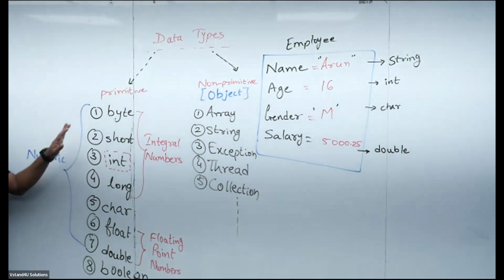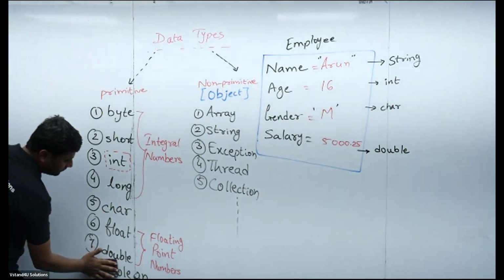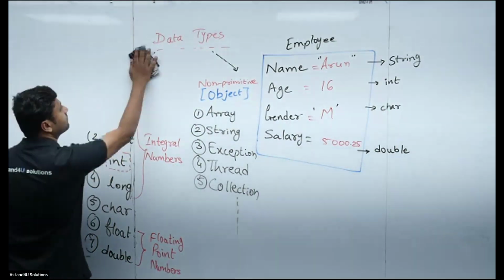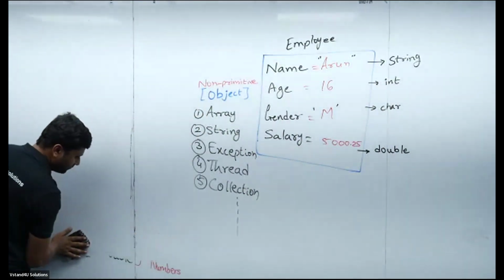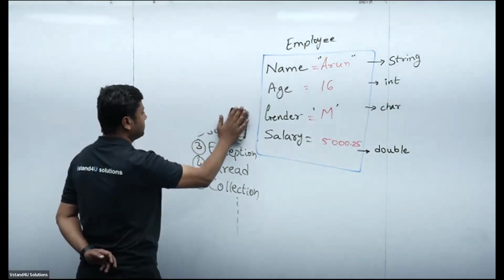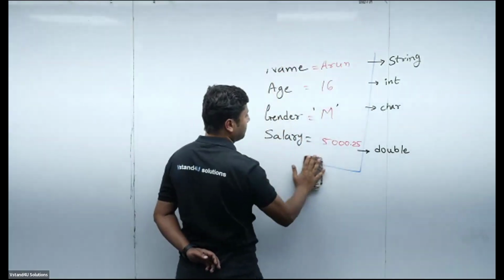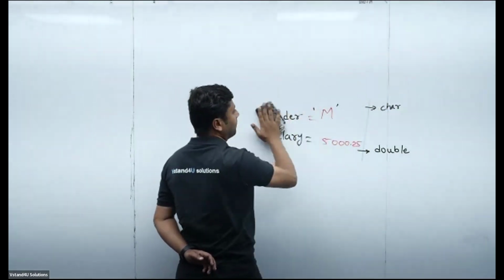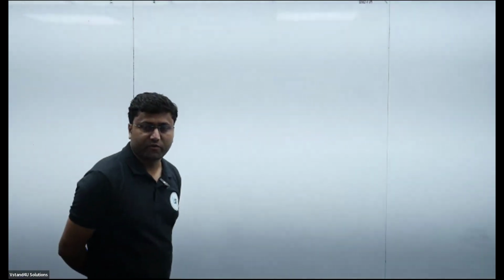Shall I start writing? Primitive at least? Primitive done? Now, shall we start understanding one data type after another?